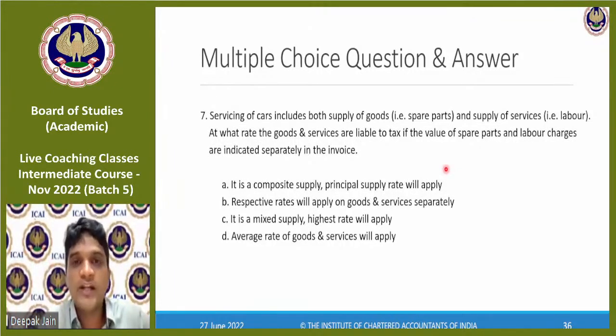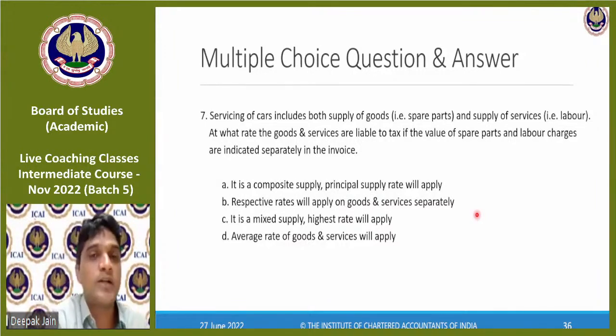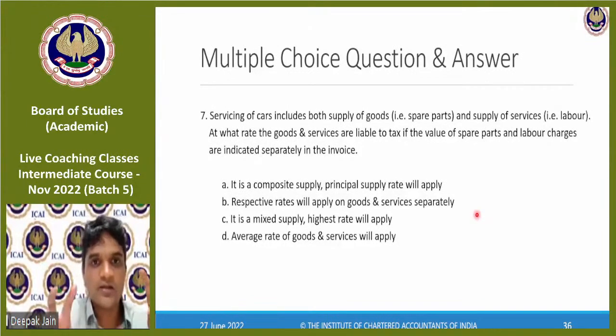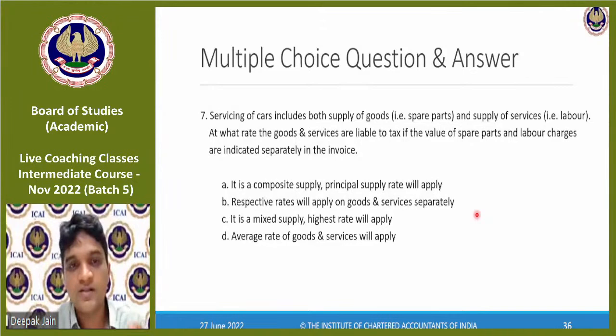Supply of service for labor, 18%, that they will apply. So that is the answer wherein respective rates will apply on goods and services, like my example of buying a computer and printer from the same shop at the same time, right? So like that itself, when they are separately indicating what is the spare parts and what is the service charges, separate rates will apply. It is neither a composite supply nor a mixed supply. Okay.